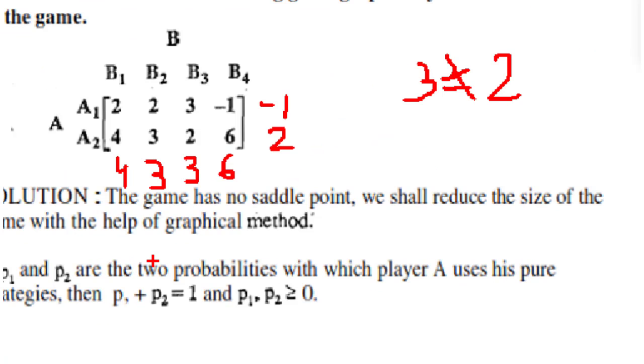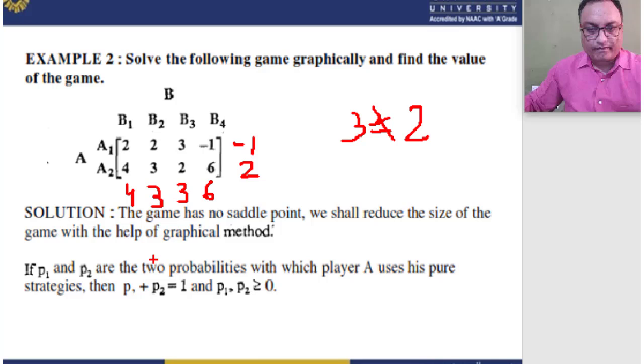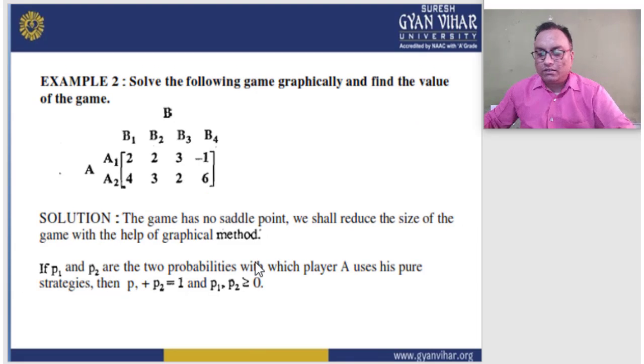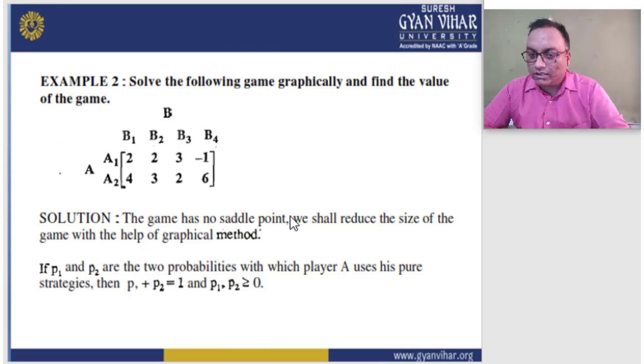So if both are not equal, the saddle point does not exist. So this game has no saddle point, and we shall reduce the size of the matrix with the help of the graphical method.